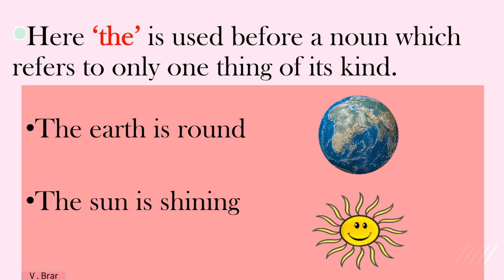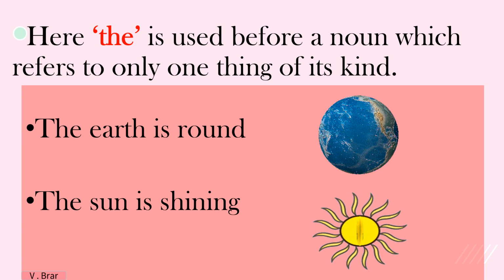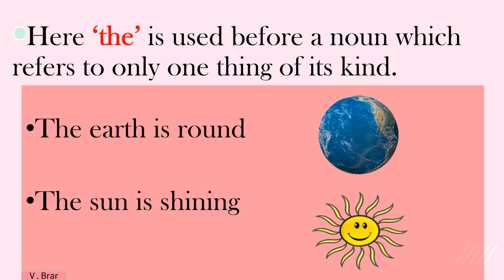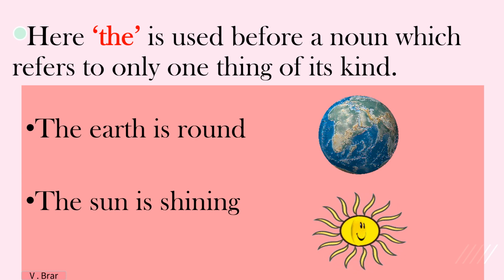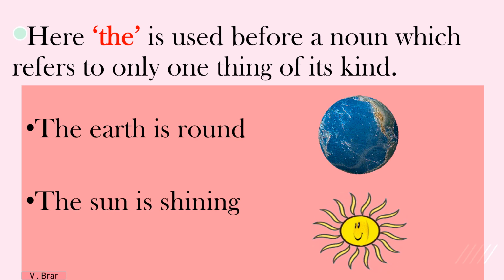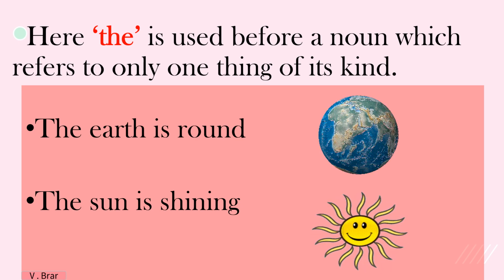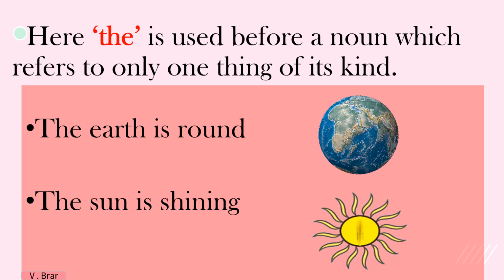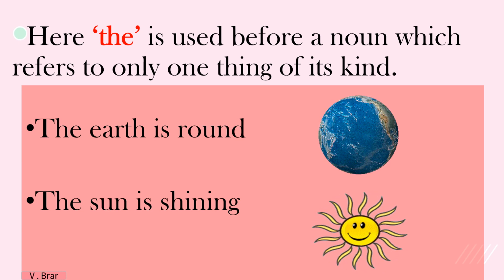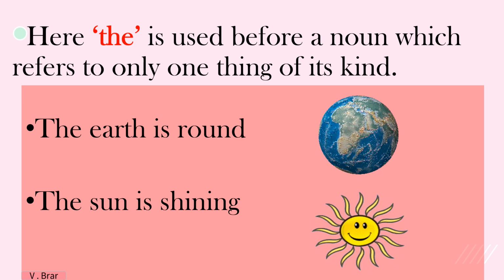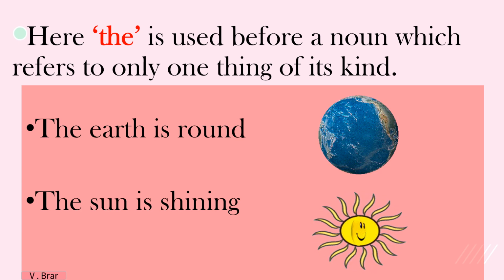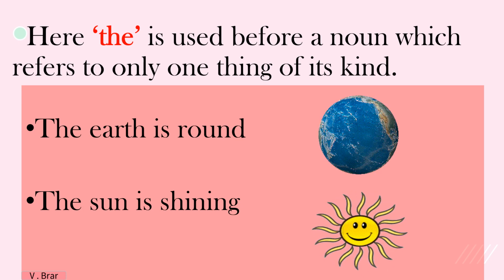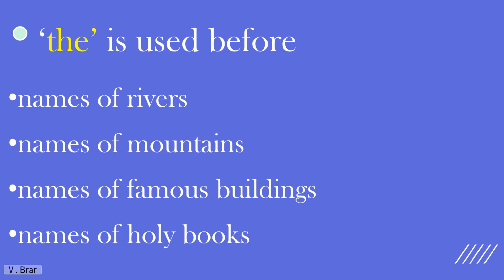In the same way, if the next word starts with a consonant sound, we use thuh. For example, sun. The word sun is starting with letter S. S is a consonant. So we will use here the sound thuh, not thee. Here we are not going to say thee sun. We will say thuh sun.